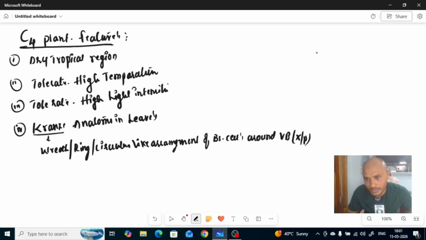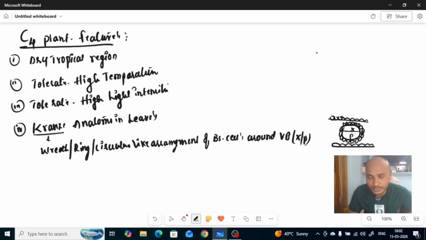For example, if you see the structure of a leaf, here we have the upper epidermis, here we have the lower epidermis, and between these we have vascular bundles. Inside we have xylem and phloem. Around xylem and phloem we have some specialized cells. They are called vascular bundle sheath cells, like this. And the arrangement of bundle sheath cells around vascular bundles is ring-like or wreath-like or circular-like.